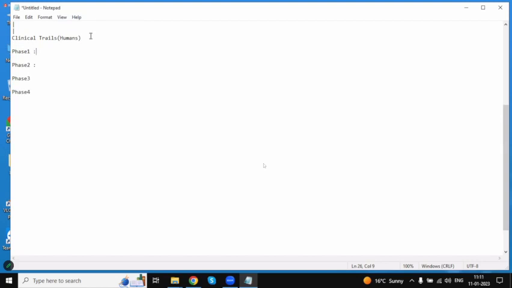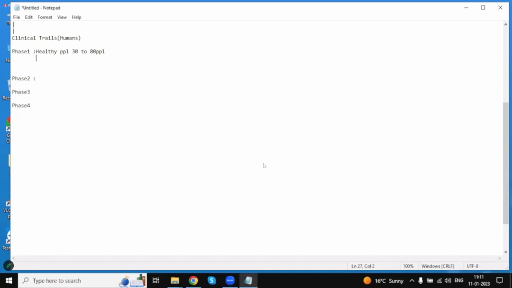In phase 1, they're going to test this drug or medicine on healthy people. They'll consider around 30 to 80 healthy people, give them this drug, and check how it is working.